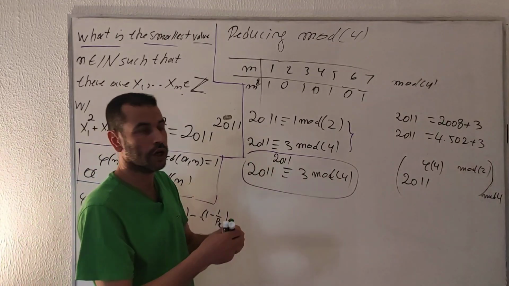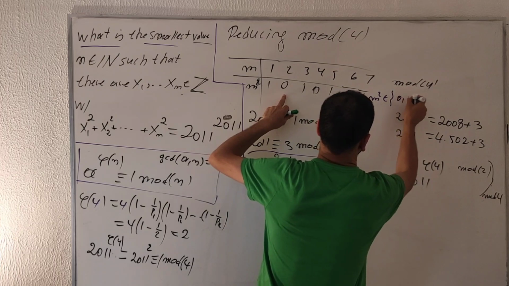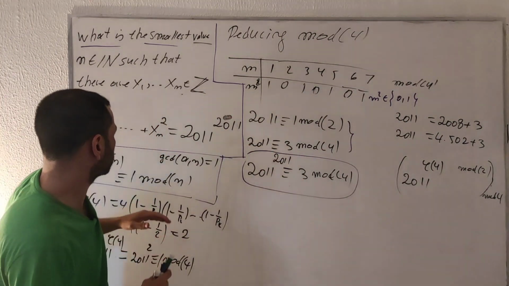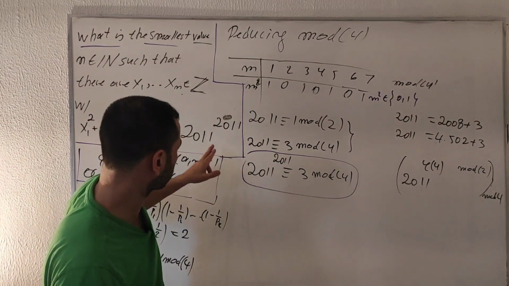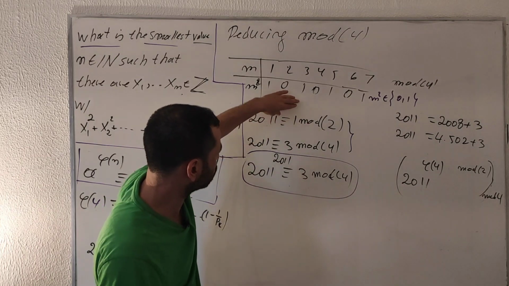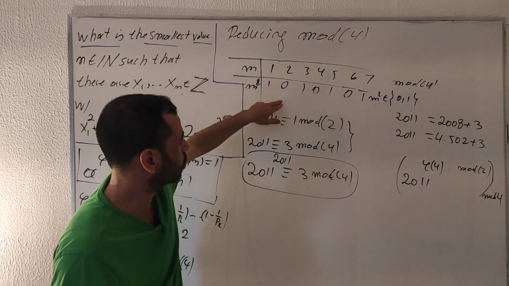If you go back to the chart, we have m squared, with this set 0 and 1. What we have done here is reduce both sides of this equation to mod 4. We get the right hand side of this equation as a remainder, the number 3. We are going to check with this chart about the remainder.